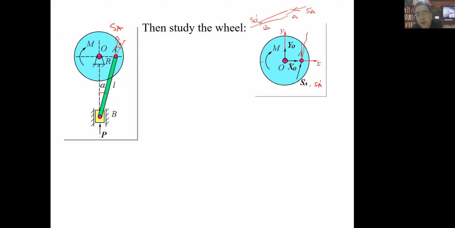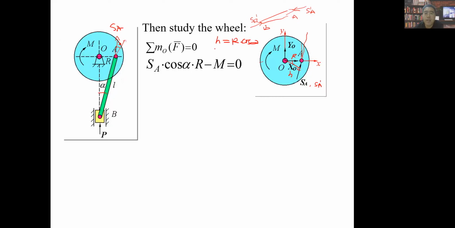Actually, we also can think of it like that. If we draw an added line here, this is H. If here is R and here also should be alpha, right? We have that H equals R times cosine alpha. In China, we call this the arm of force, right? That is the distance from the point we want to calculate its moment to the action line of the force.